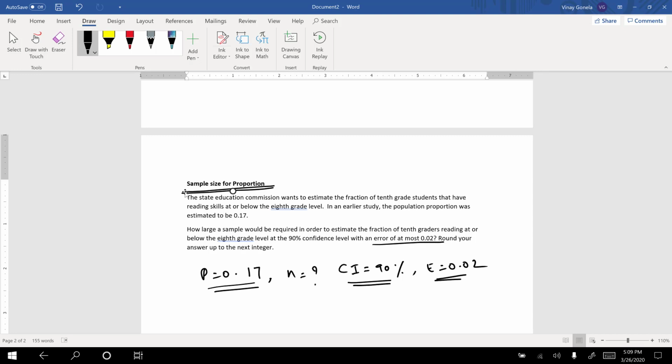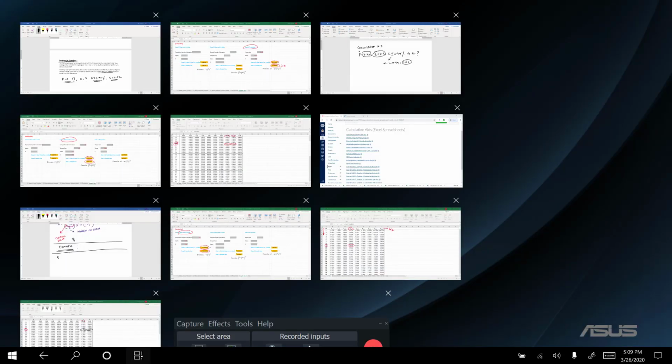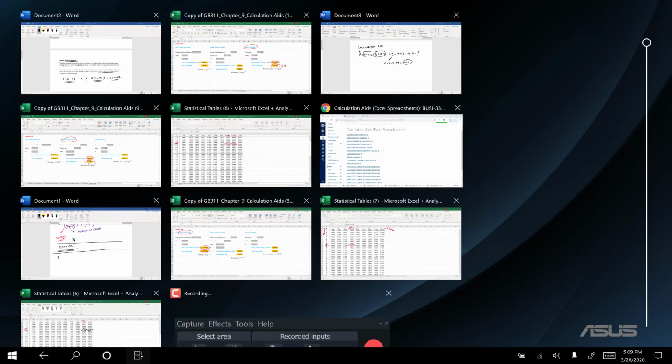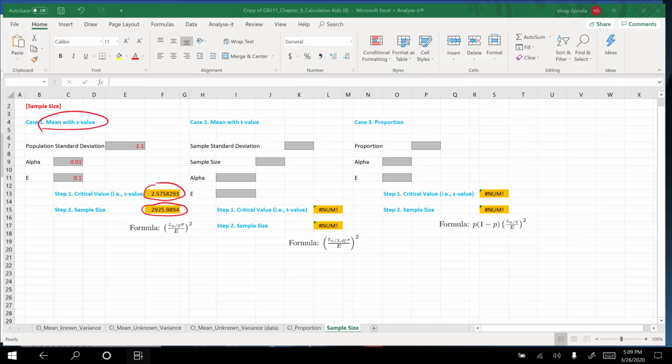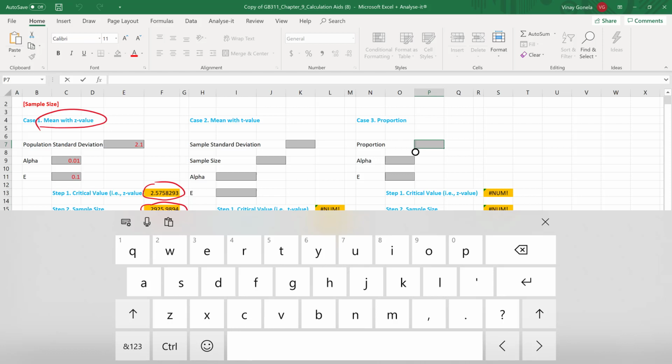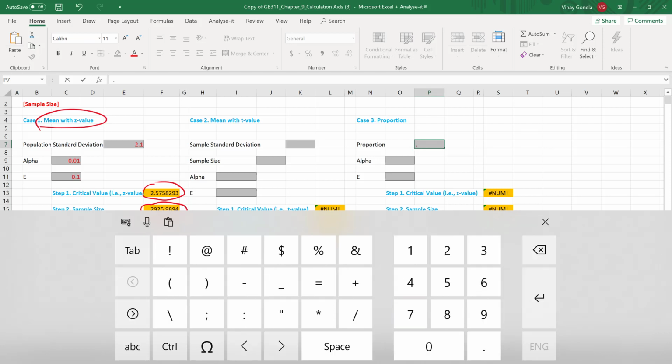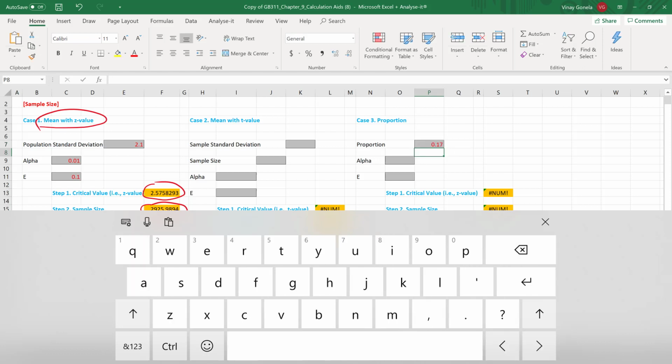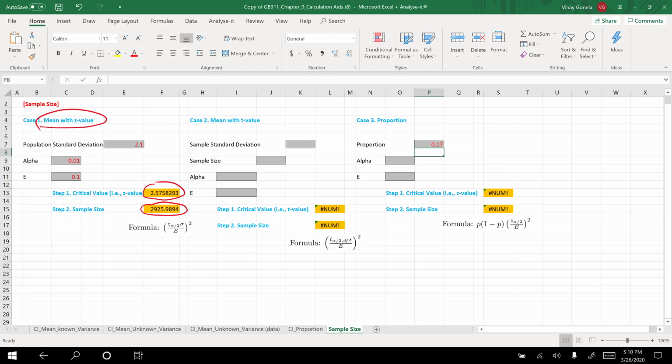So proportion is given as 0.17. I can go here and type in proportion, so that is 0.17. And then I wanted alpha.